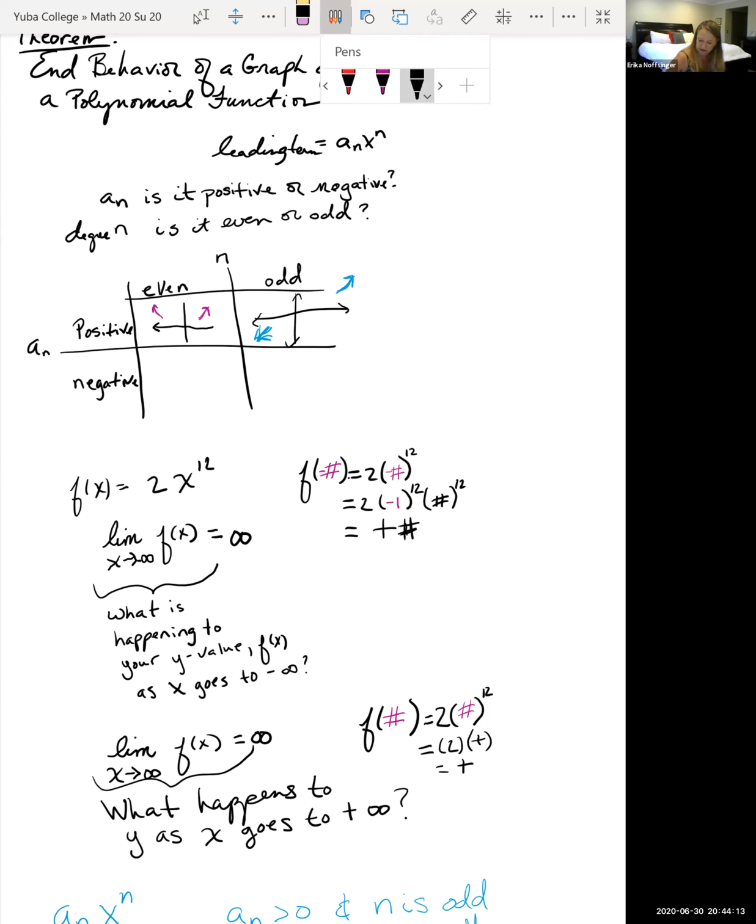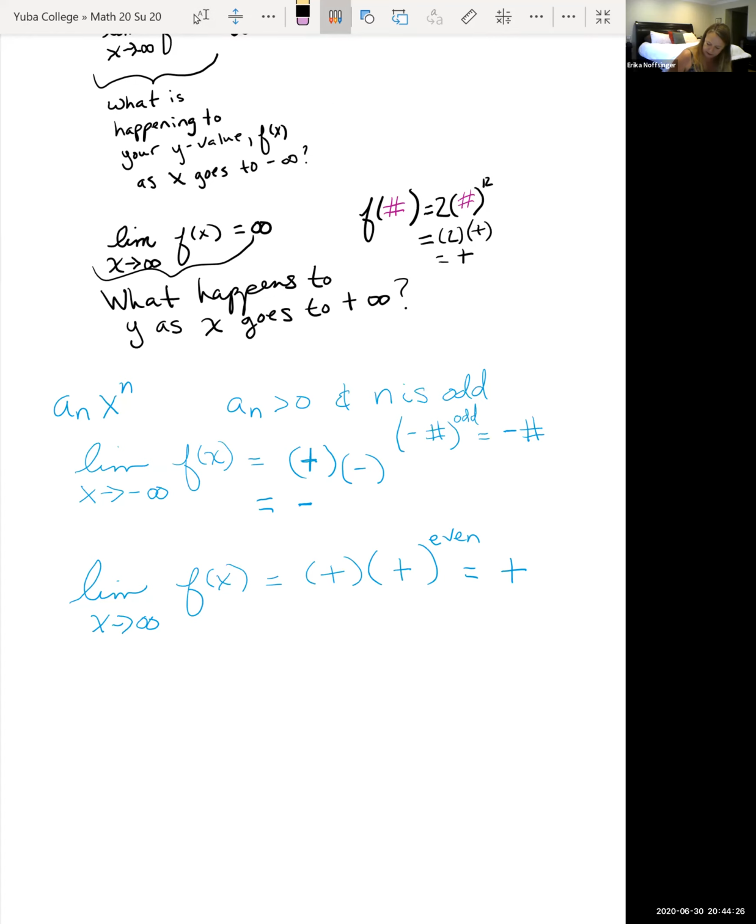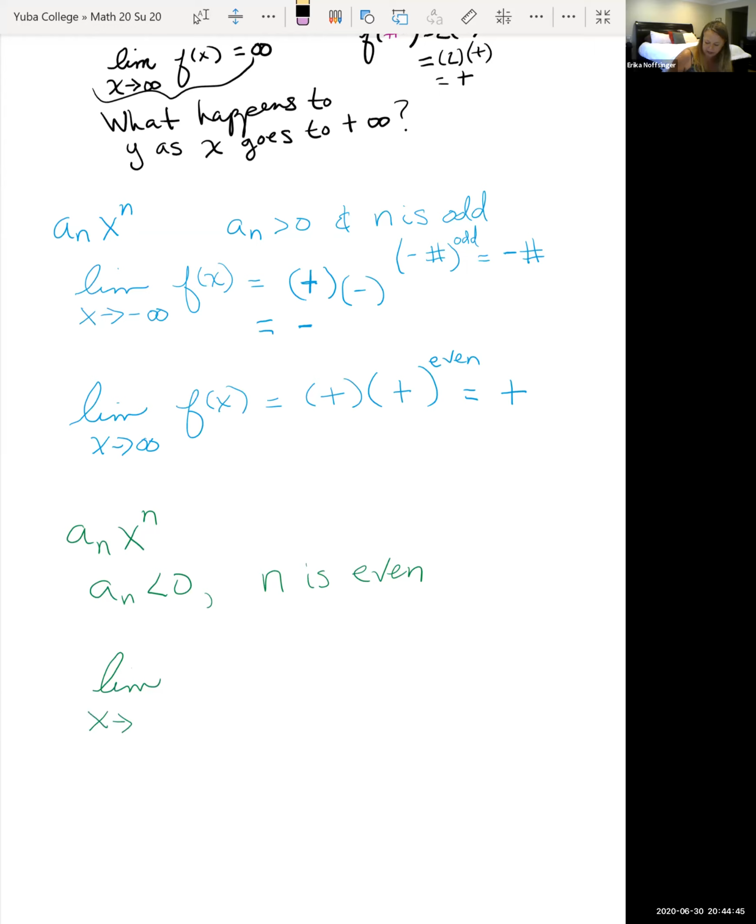Okay, so we are looking next at negative coefficient, even degree. So we have a sub n, x to the nth, where a sub n is less than 0, it's a negative number, and n is even. So if we look at the limit as x is going to negative infinity, well, we have a negative coefficient out front.